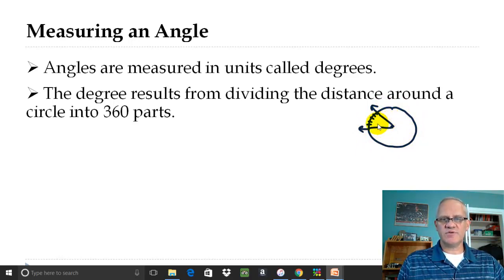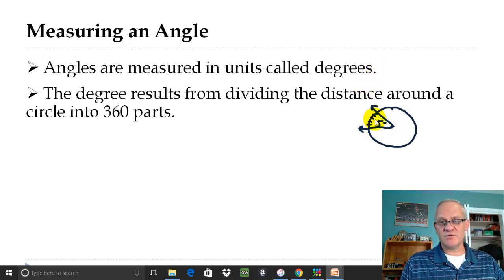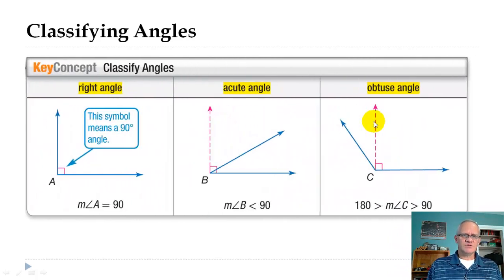So in this case, this would be 5 degrees. And remember that little circle up high, that indicates degrees. In this case, this probably is not really 5 degrees, it's probably much more, but that's as much as I can do right there. Does that make sense a little bit? All right. So we can classify angles depending on how many degrees they have. First thing is, you probably have seen this before.